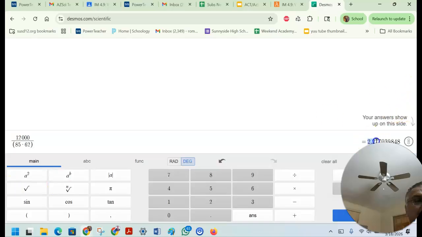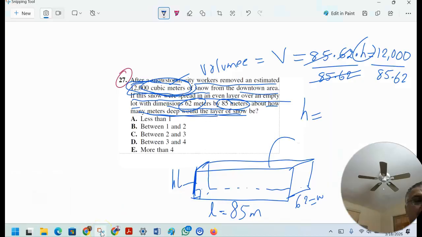Now you get 2.277. So it is 2.277, which is bigger than 2 and less than 3. So this height is between 2 and 3.